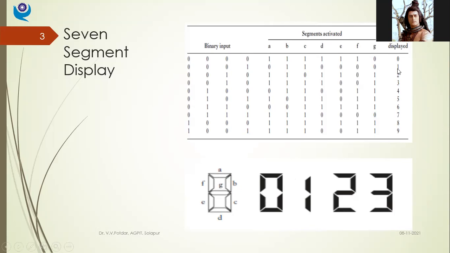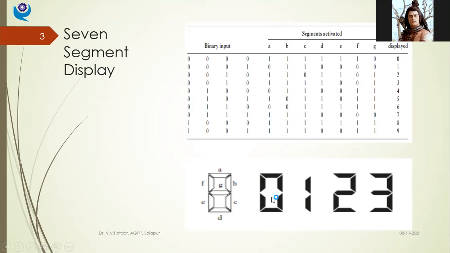Let us just see. I have the displays, and the decimal numbers are 0, 1, 2, 3, 4, 5, 6, 7, up to 9. And their binary counterpart is 0, 0, 0, 0, right? 4 bits, right? 0, 0, 0, 0 corresponding to 0.